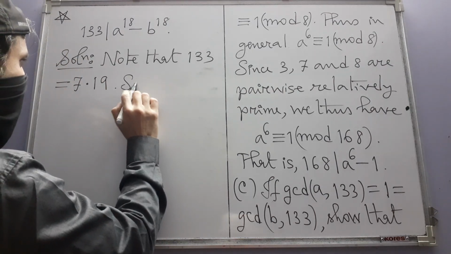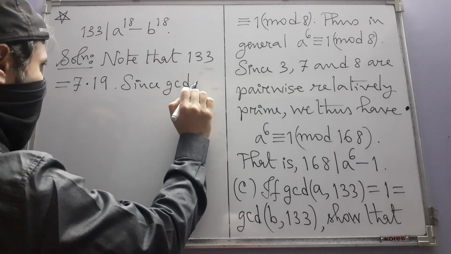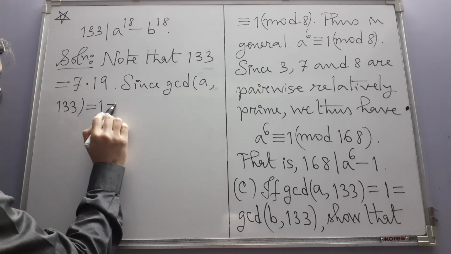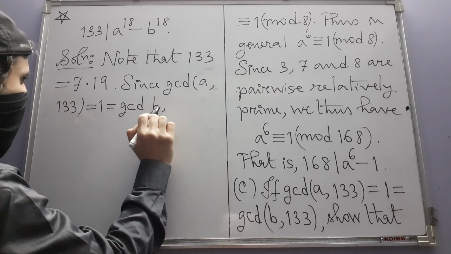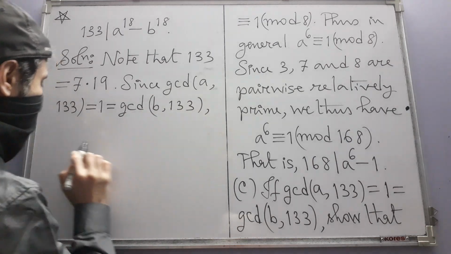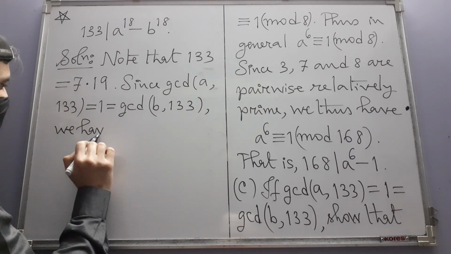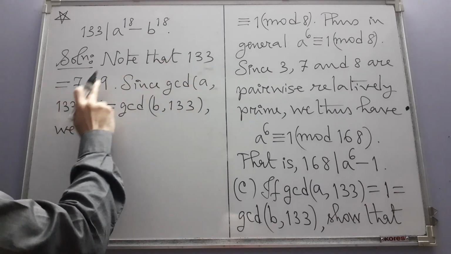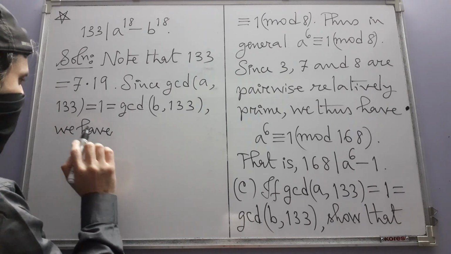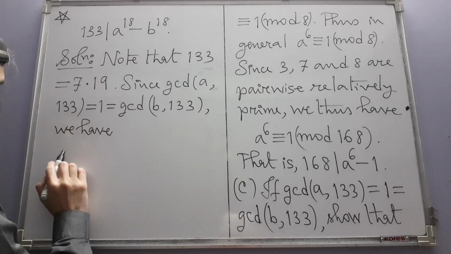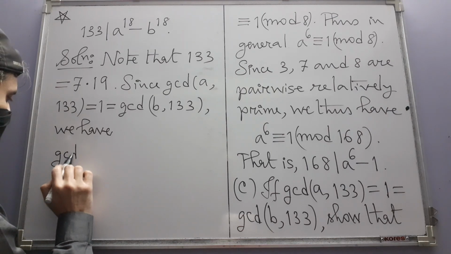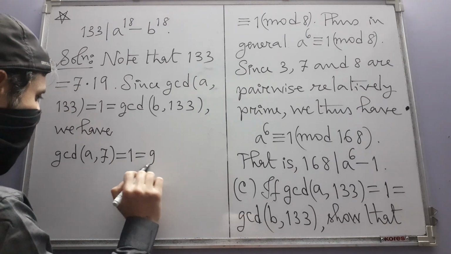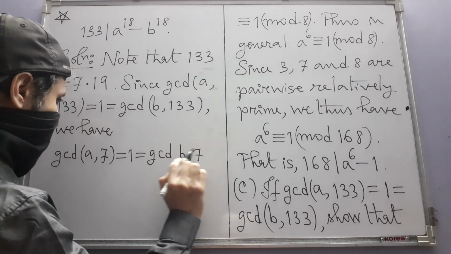Since A and 133 and B and 133 are relatively prime, we have, let me also see if I got the numbers correct. Yes, okay. So because of these things, A and 7 are relatively prime, and so are B and 7.